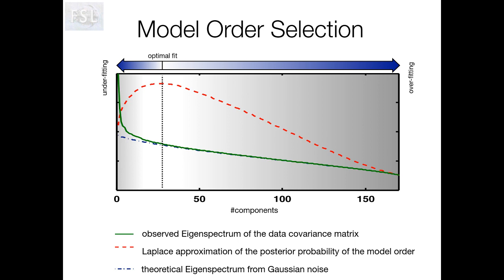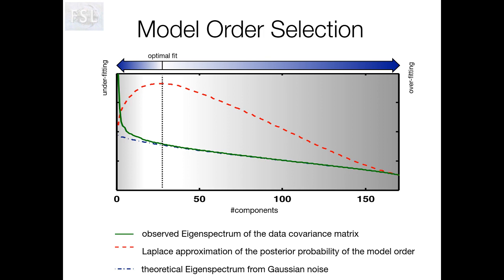We can also figure out what this plot would look like for a data set which is made purely of noise. It would look more like the dashed blue line, where there is not much difference between any of the first few components in the amount of explained variance, so we don't have that characteristic drop-off that we would see in real data. And what Melodic does is it looks at the difference in the amount of explained variance by the components in our actual data set, the green line, and the amount of explained variance in an equivalent random data set, the dashed blue line, to determine the best number of components that can be used to explain the data.